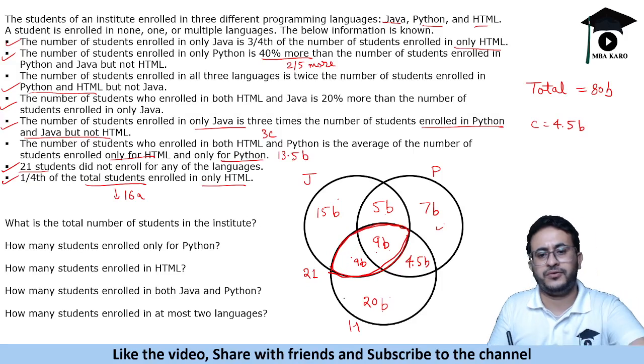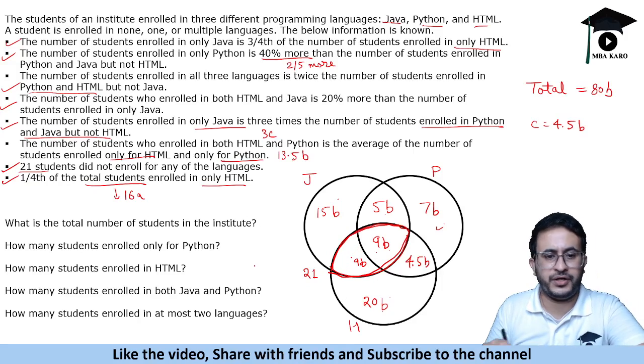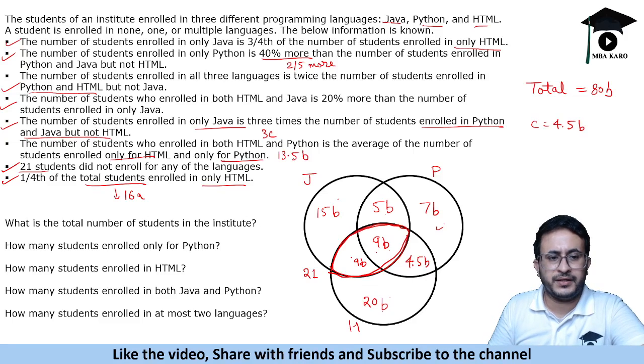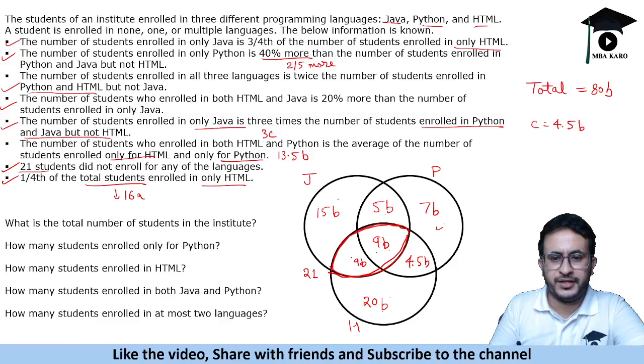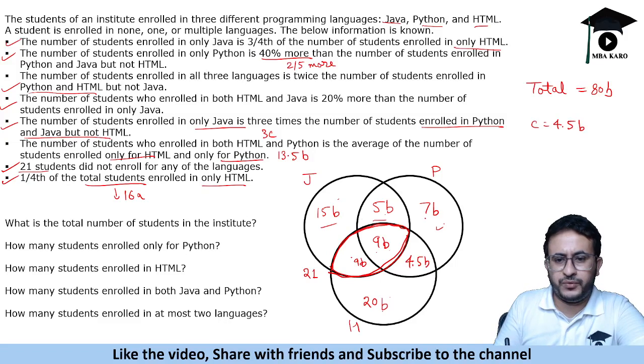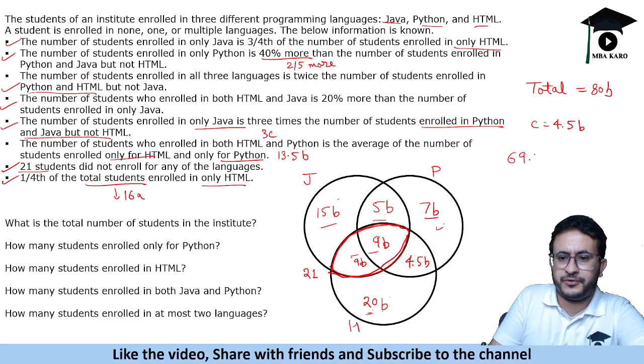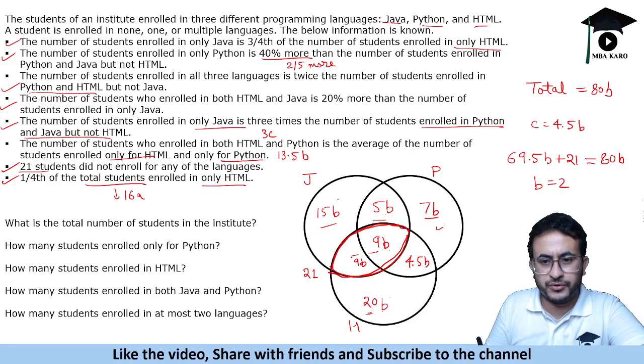Okay. Now what we can do is, we can add all this and get the result. Okay. So when we add this, this is 20, 27, 27 plus 18, 45, 45 plus 20, 65, 69.5B, 69.5B plus 21, because 21 is outside, that is equal to 80B. So 10.5B is 21, or we can say B is equal to 2, right?